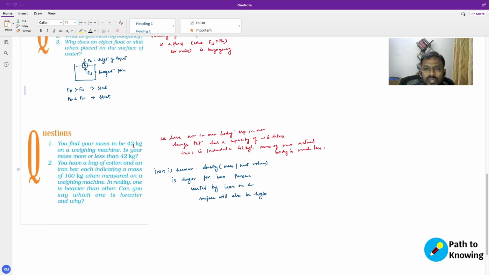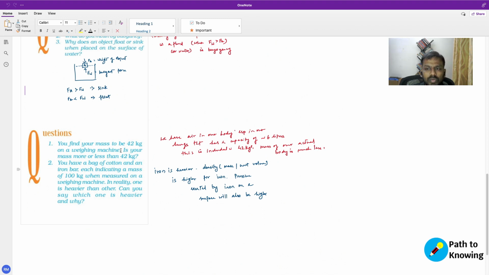Now when I stand on a weighing scale and it measures 42 kgs, if I consider this body, I have my hands, legs, my inner organs like my heart and lungs. Now, there is also enough air inside all of them, right? My lungs can hold approximately 6 liters of air. All those will also be included in the mass that is measured on the weighing scale. So the average density of my body includes the air inside my lungs and all that, right?